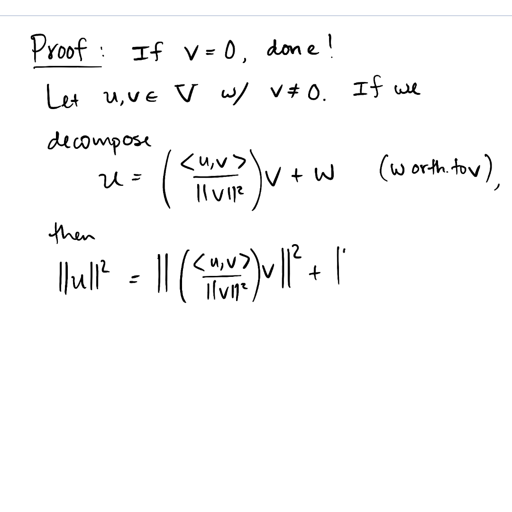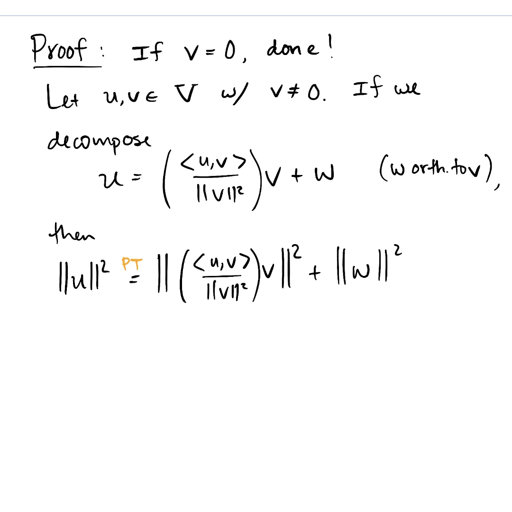Plus the square of the norm of w. That equal sign right there is key. Make sure you're clear on why this equal sign is legit. This equal sign is the Pythagorean theorem. Remember, u is a sum of two orthogonal vectors.